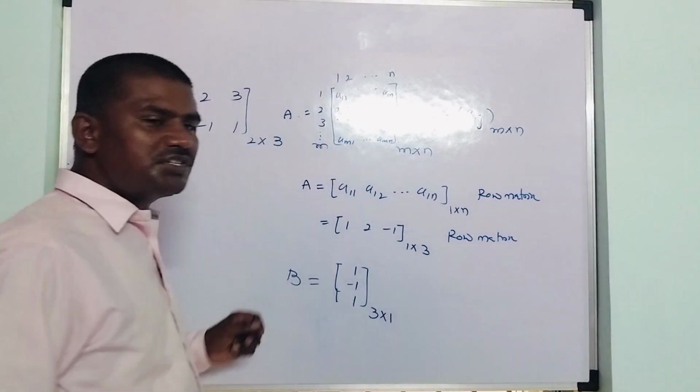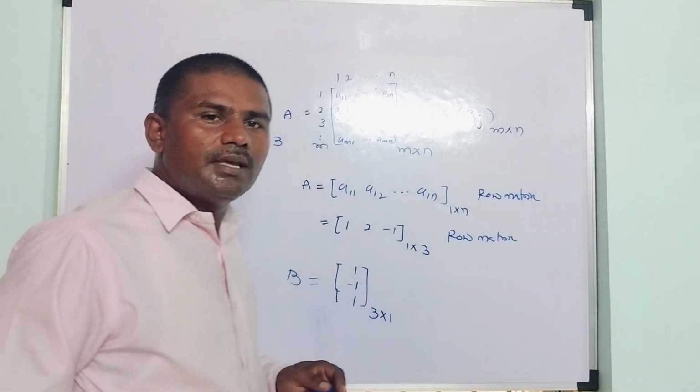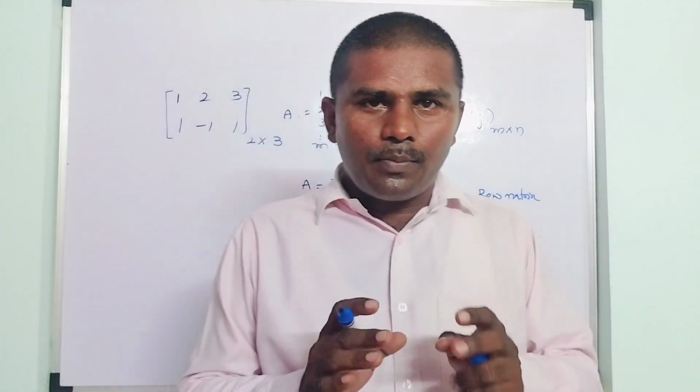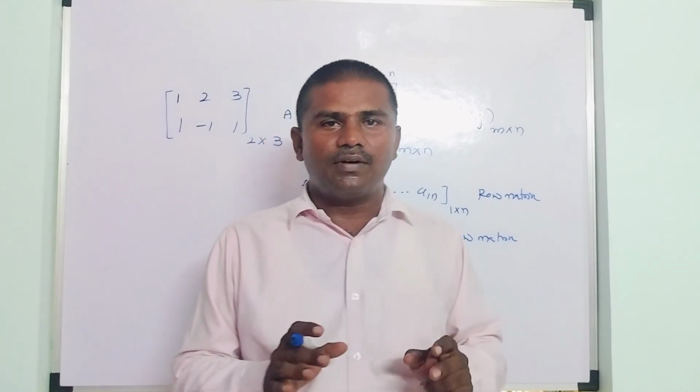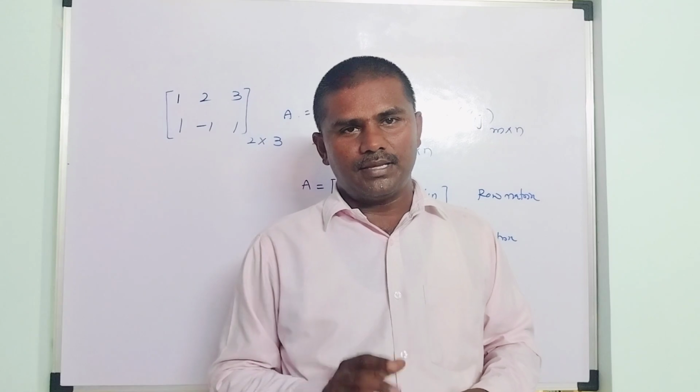Now coming to the definition of a square matrix. How can you say that a matrix is a square matrix? If the number of rows and the number of columns are equal for a matrix, then you can say that it is a square matrix.